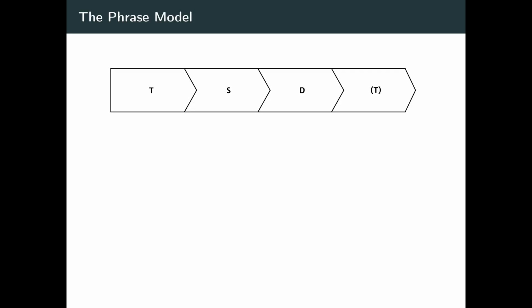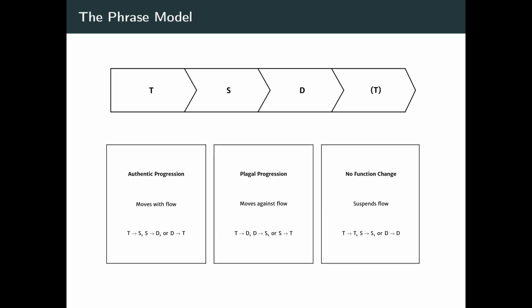There's music that goes against the flow of the phrase model, where you'll have a subdominant chord followed by a tonic chord or something like that. Whenever this happens, we'll call it a plagal progression. But if it's going tonic to subdominant, or subdominant to dominant, or dominant to tonic, it's called an authentic progression.